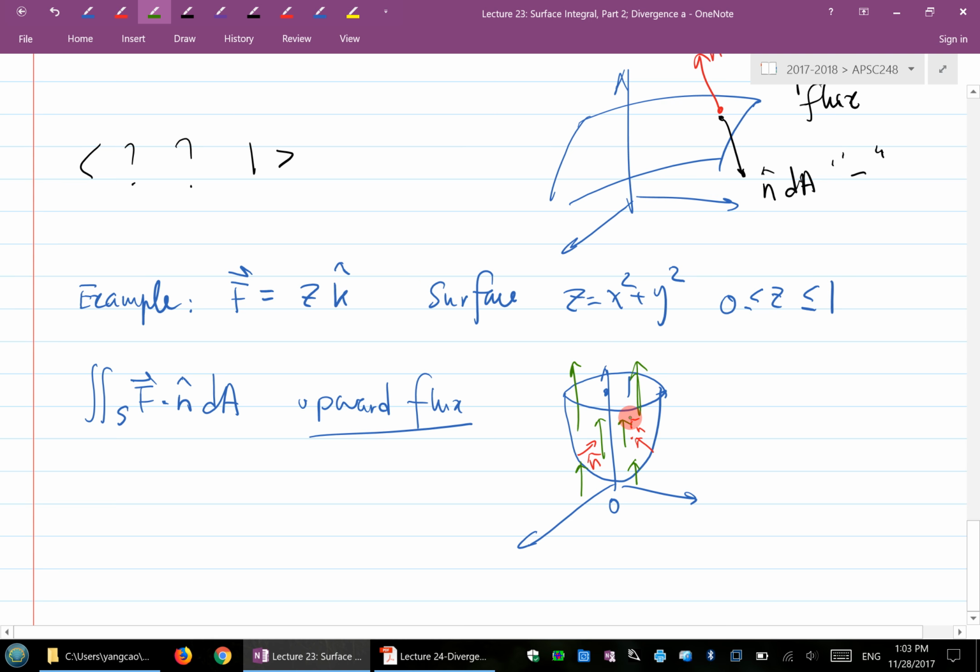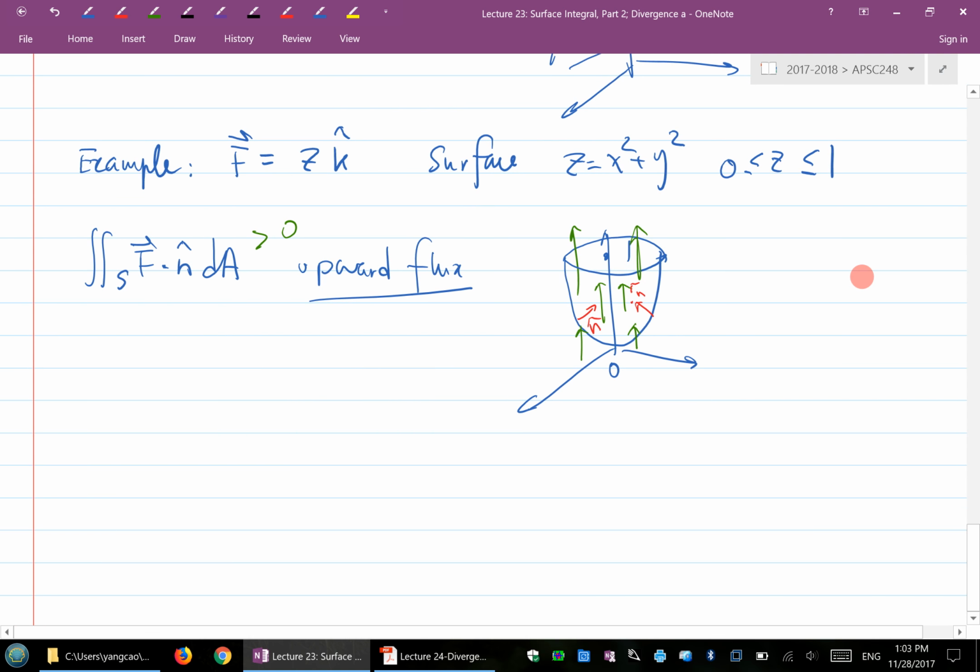As it goes away from the xy plane, you have a bigger magnitude. So now you can look at this green and the red. You're looking at F dot n hat, and apparently it's always a positive number, right? So overall the upward net flux will be a positive number, greater than 0. So that's a quick check.